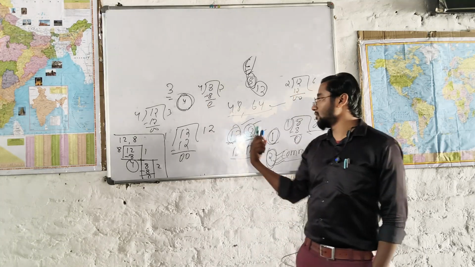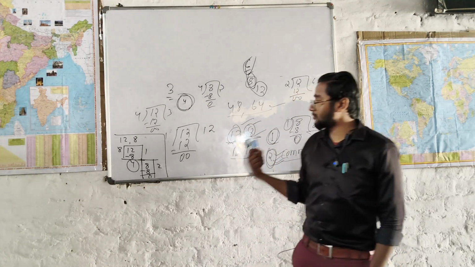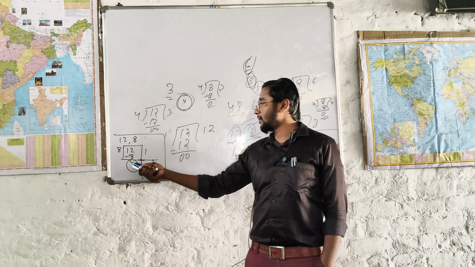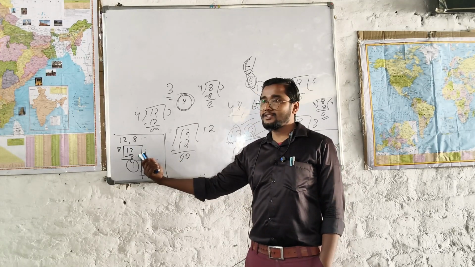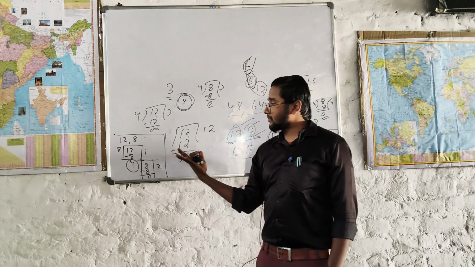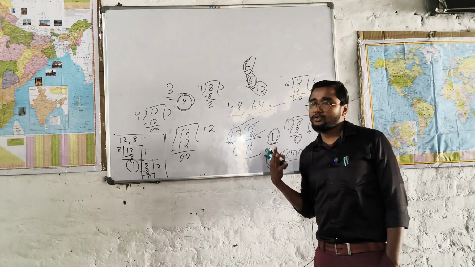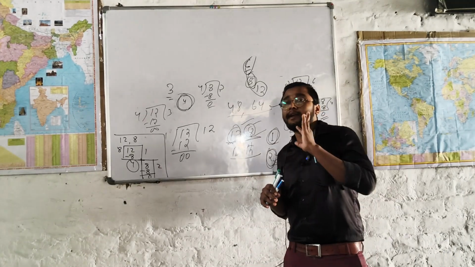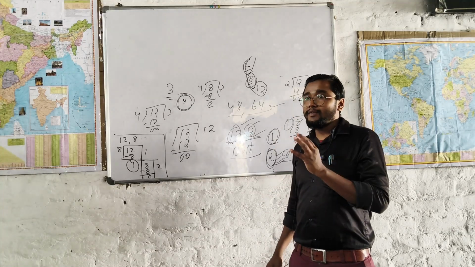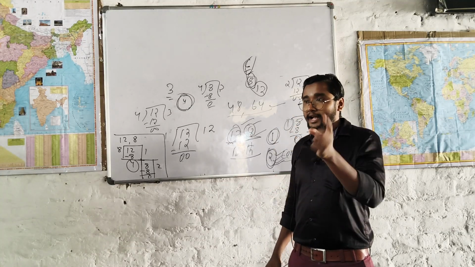So no need to judge like a child here. We have to behave like intellectual boys and girls. You will say, sir, it's very easy. Let's go. We have to find the HCF of 12 and 8. We will get the greatest number, or we can say we will get the HCF.